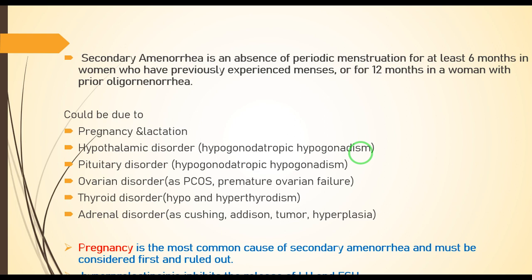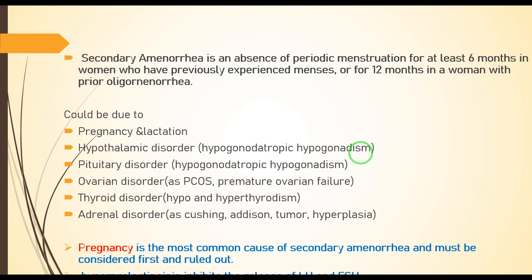The difference between primary and secondary amenorrhea is that in primary, she didn't have any spontaneous and periodic menstruation by the age of 16, while in secondary, she had previous normal menses, but then it was absent for 6 months if she had normal menstruation before, or absent for 12 months if she already had oligomenorrhea.